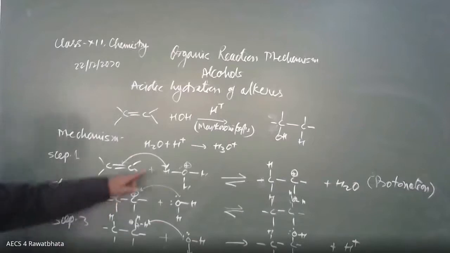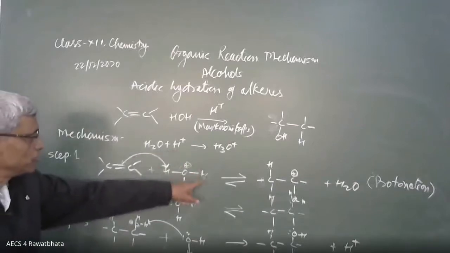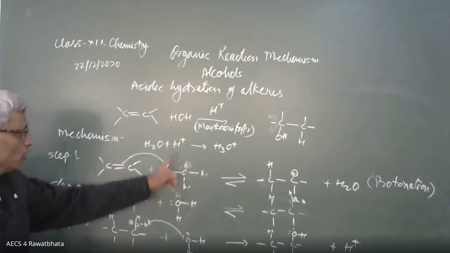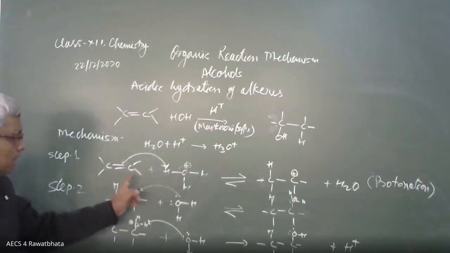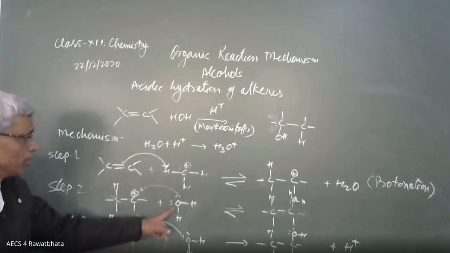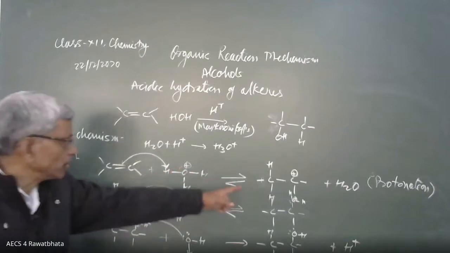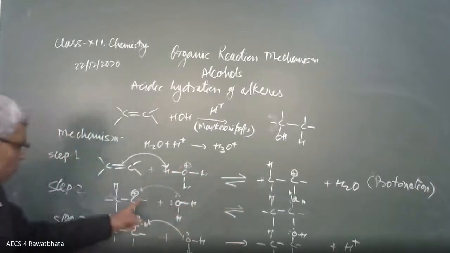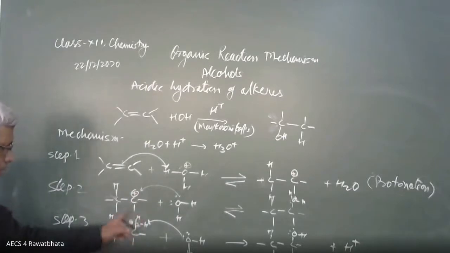See that here is protonation, proton joins, H3O combines with this alkene, and in the second step H2O combines with this protonated carbocation. H2O joins and going to form this type of intermediate.